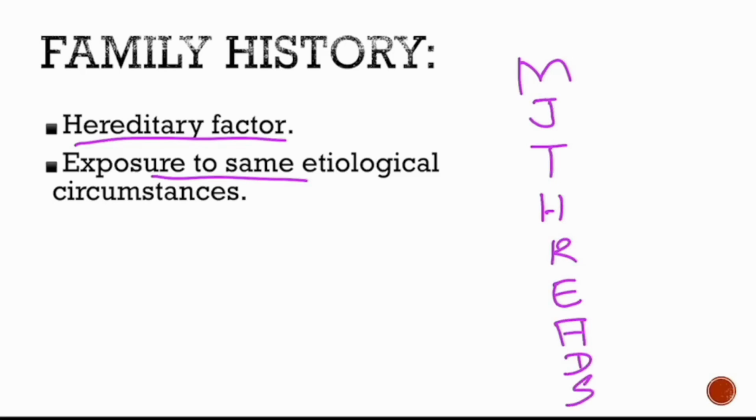It includes the major conditions. This can be used for the past history also: myocardial infarction, jaundice, tuberculosis, hypertension, renal disease, epilepsy, asthma, diabetes, stroke, something like that. This can be asked in the past history and also in the family history. Hope this point is clear to you. So you take and draw a family tree if it is required.